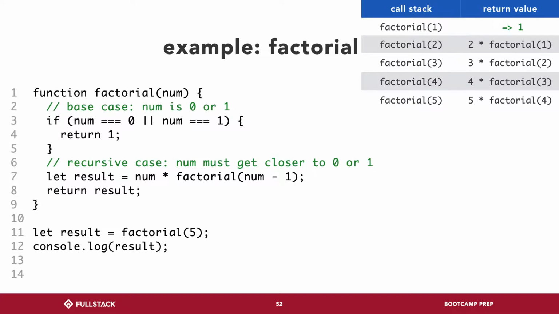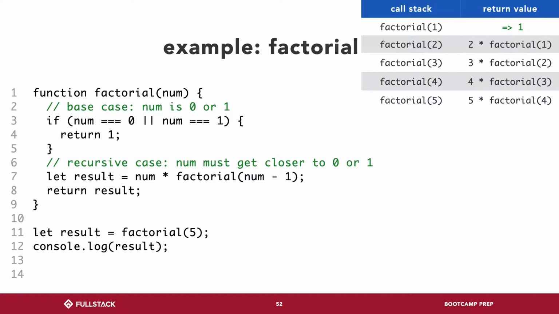Factorial of 1. Num is 1. If num is equal to 0 or 1, return 1. We have finally hit our base case. We don't have to see the rest of the code in factorial of 1. We just return 1. Okay?